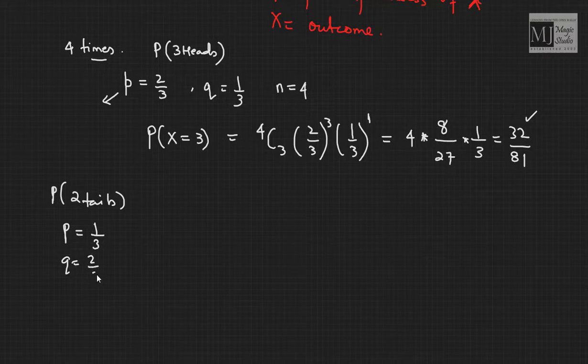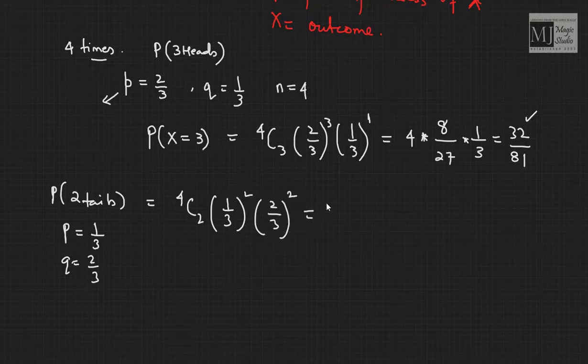Q equals to 2 by 3, and then it would have been 4C2 into (1 by 3) to the power 2 into (2 by 3) to the power 4 minus 2 is 2. 4C2 is 6 into 1 by 9 into 4 by 9. 24 by 81. So this was all about biased coin. So we have unbiased coins, biased coins, and tossing of coin in tandem.